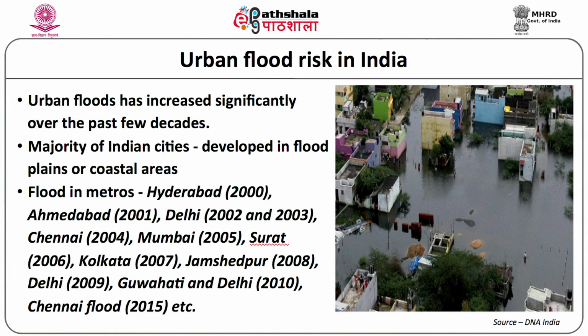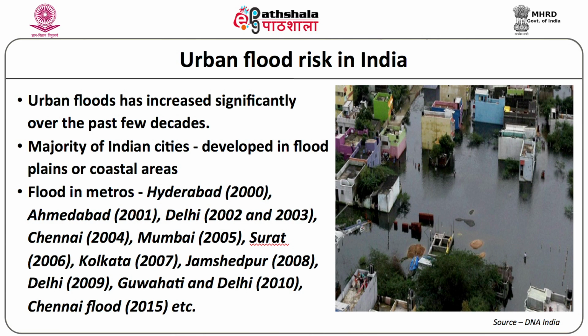The trend of urban flooding in India has increased significantly over the past few decades. Majority of the Indian cities have become hazard prone due to their location in the floodplain or coastal areas. Almost every Indian metro city and cities where developmental onslaught is in process have been affected by floods in the recent past.